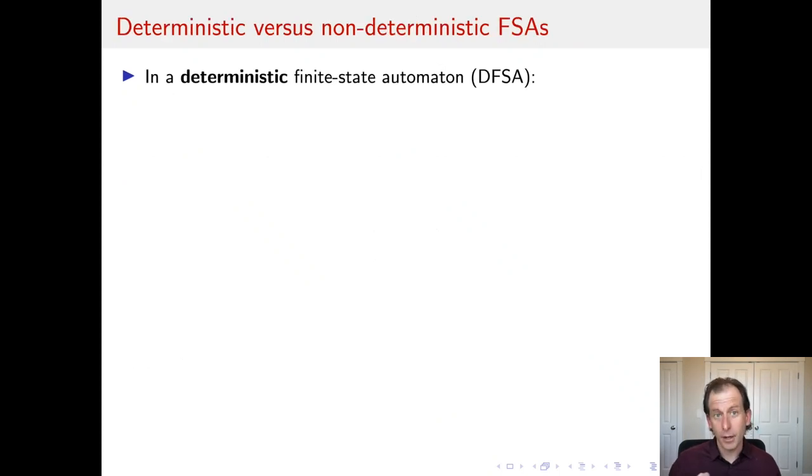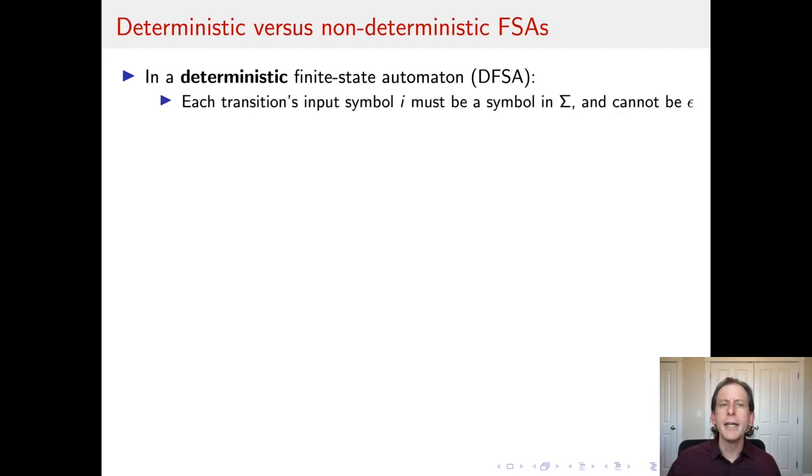Okay, now I elided over this at the beginning, but there's a distinction which is important between deterministic and non-deterministic finite state automata. In a deterministic finite state automaton, each transition's input symbol must be a symbol in the alphabet. It cannot be the empty string epsilon. Second, the transition relation is a function.